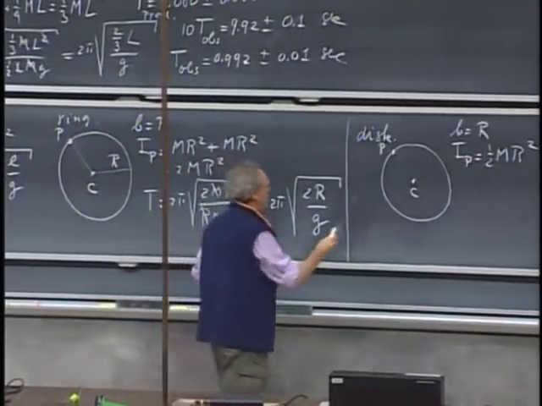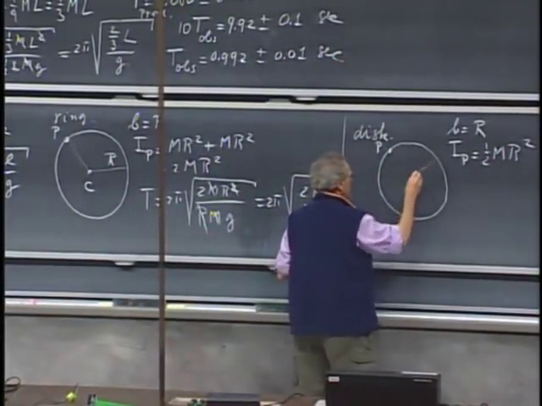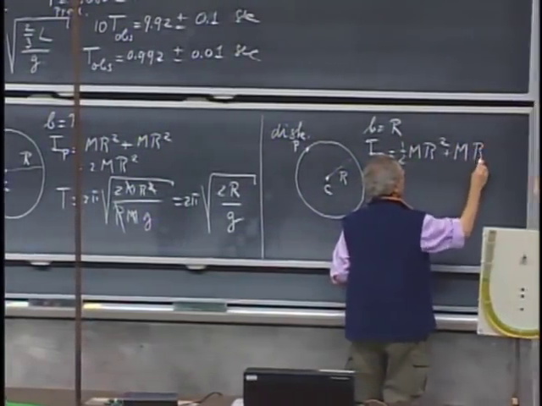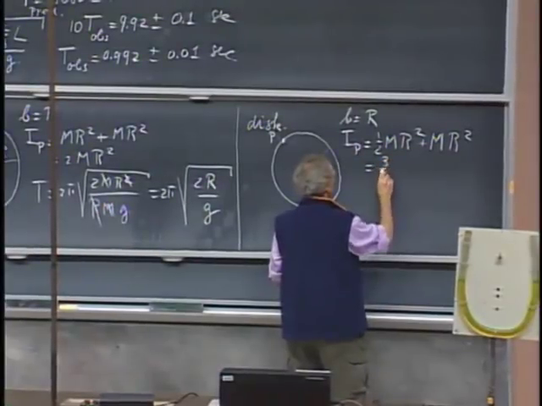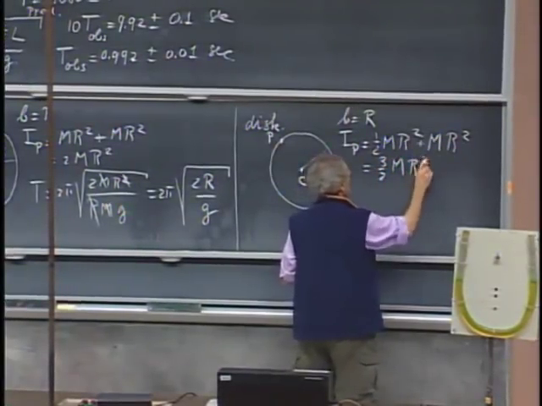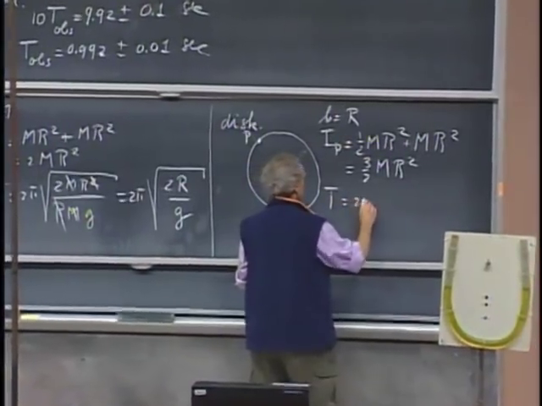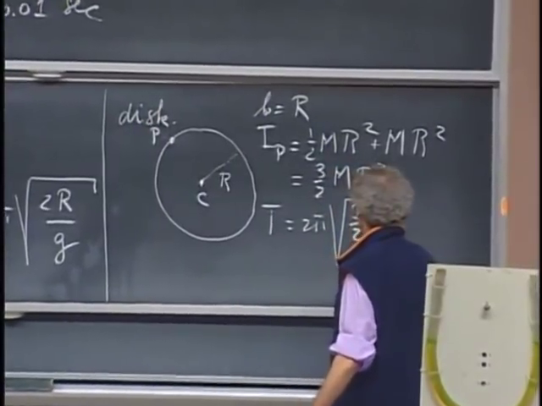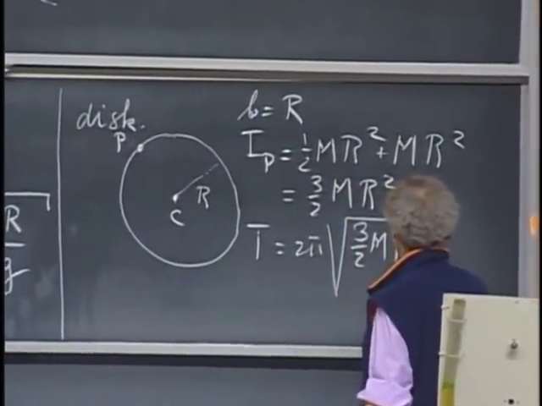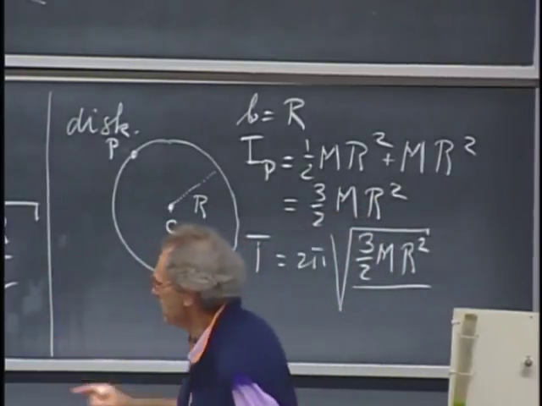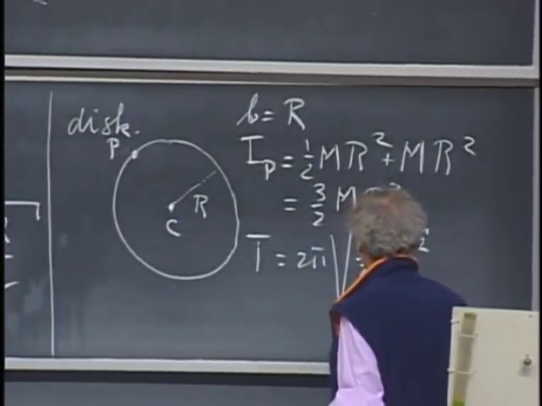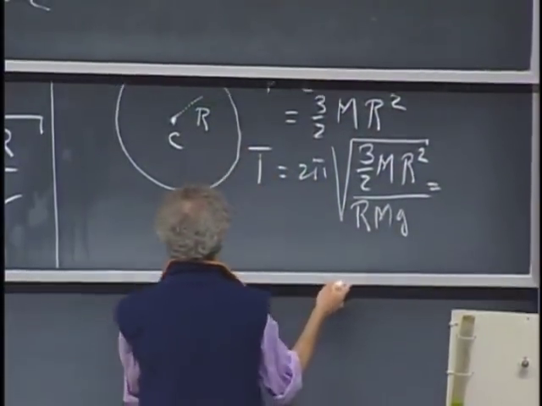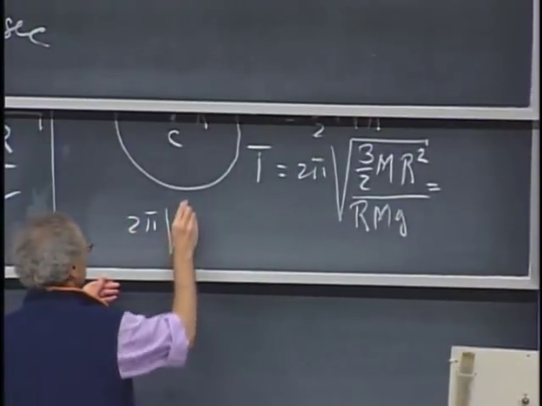And now we have to add mb squared, and b equals r. So we have to add mr squared. So we find 3/2 mr squared. So what is the period of oscillation? 2 pi times the square root of 3/2 mr squared divided by bmg. b is r, mg, and that equals 2 pi times the square root.